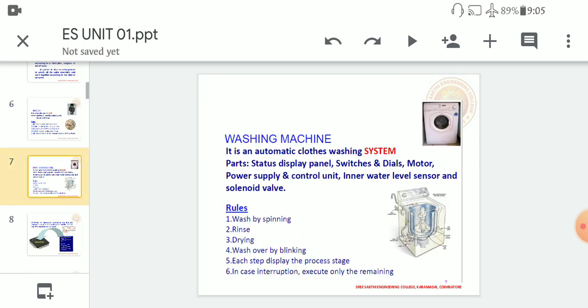The next application is a washing machine, which is used for a specific application. In this we have a number of variants: fully automated, semi-automated, and, based on the functions, front load and top load washing machines. But the function of the washing machine remains the same.